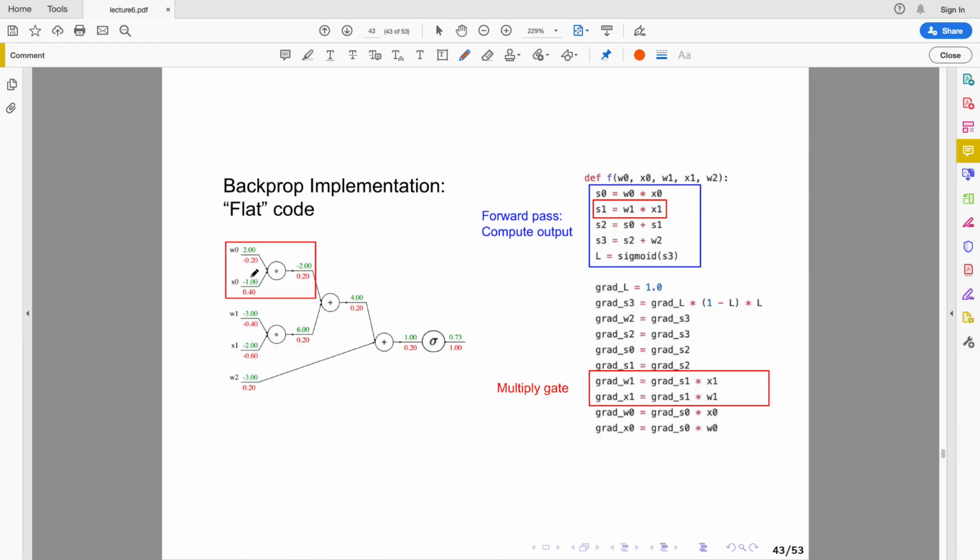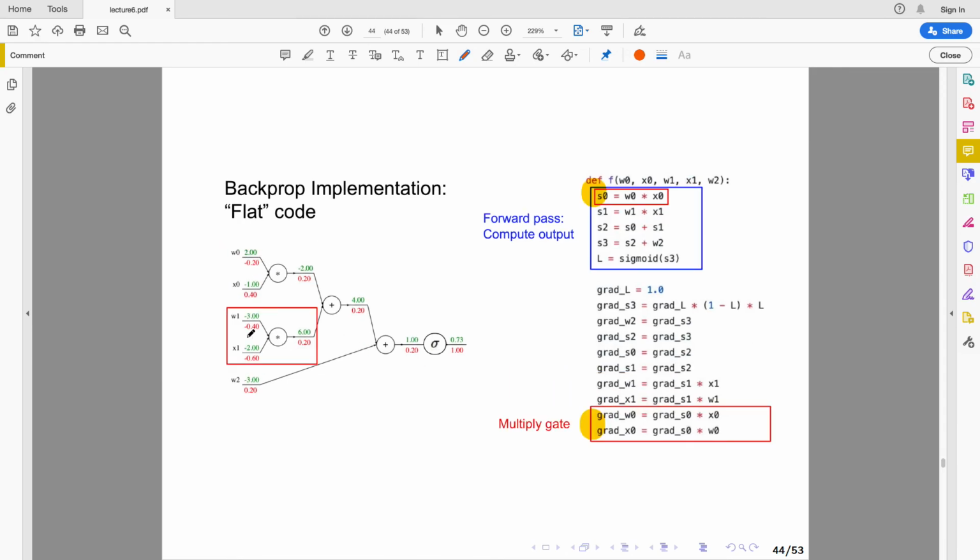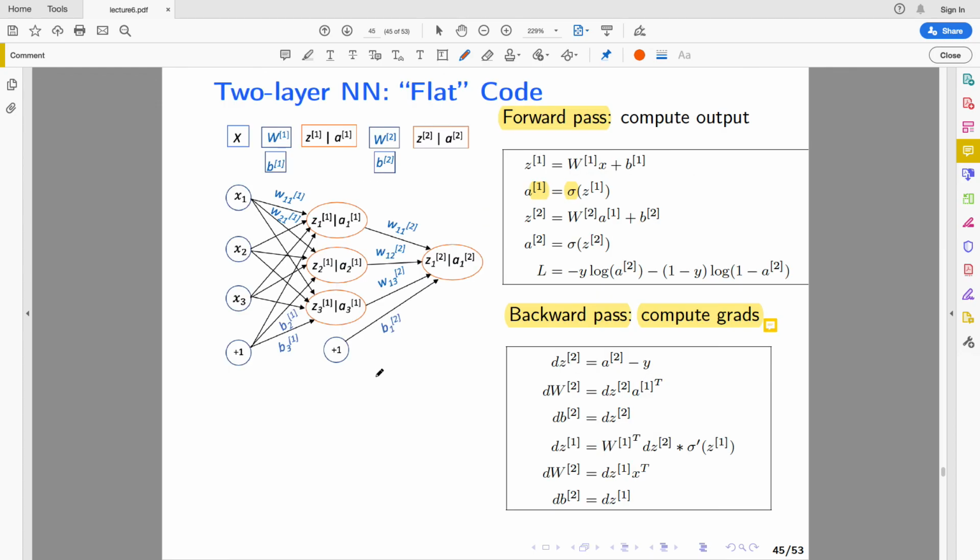This corresponds to this part, and this corresponds to this part. So that is how we actually do our backpropagation using flat code.